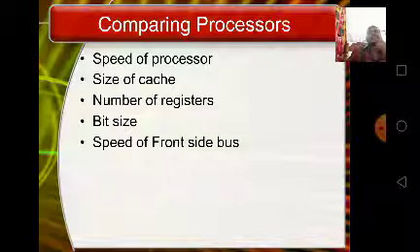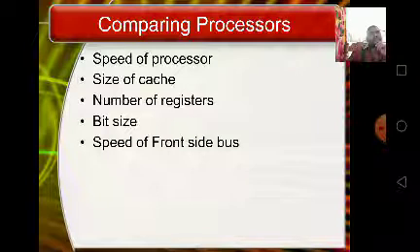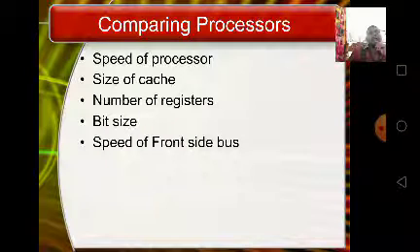Another, front side or system bus speed: 1.6 GHz in AMD, 800 MHz in Intel, 1 GHz in Power Mac. L1 cache: 128 KB in AMD, not applicable in Intel, not applicable in Power Mac G5.